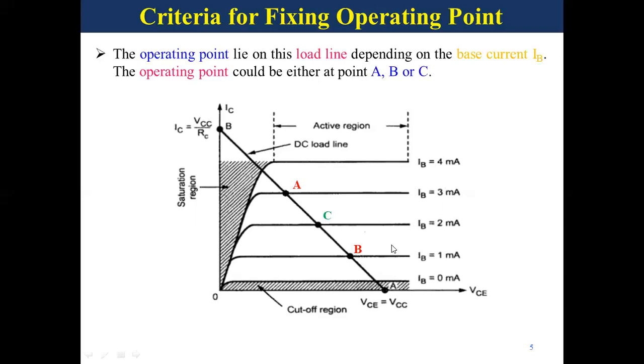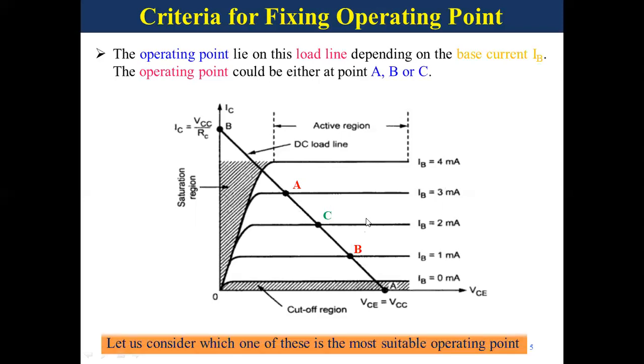And in the third case, we assume the operating point at point C, which is in the middle of the active region. So let us consider which location is most suitable for the operating point.